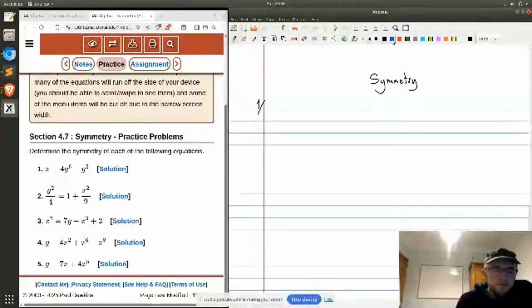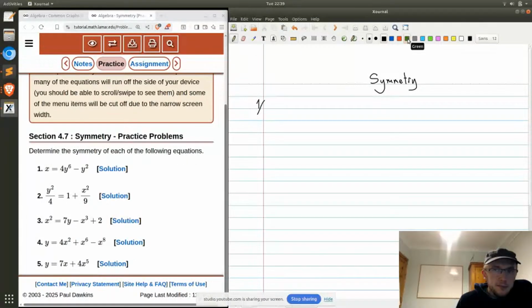Now how am I going to actually remember these tests for symmetry? Well, y equals x squared is symmetric about the y-axis. The way that you can test that is you can replace every single x that you see with negative x, and if you end up with the same function, then it's symmetrical. Okay, I get that.